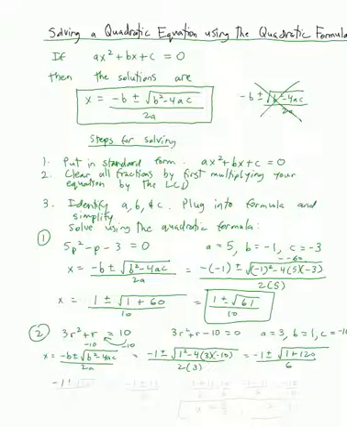So it's negative 1 plus or minus root 121 all over 6. But square root of 121 is actually 11, so this works out nice. Negative 1 plus or minus 11 over 6.